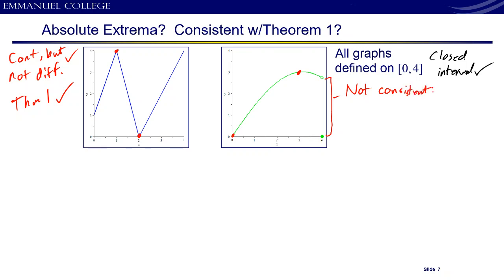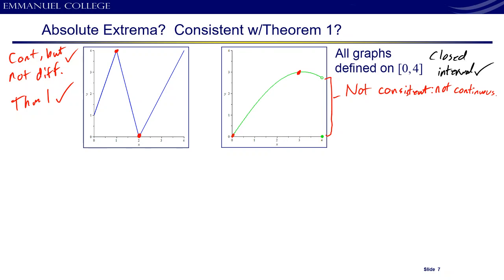What's the reason? It's not continuous. So notice in this case, I got an absolute max and an absolute min, but it wasn't consistent with theorem 1.